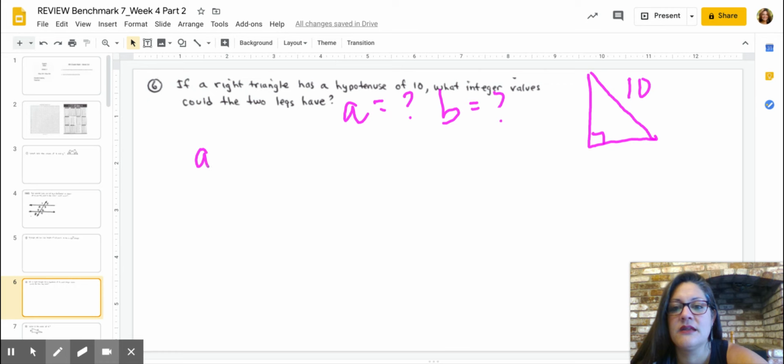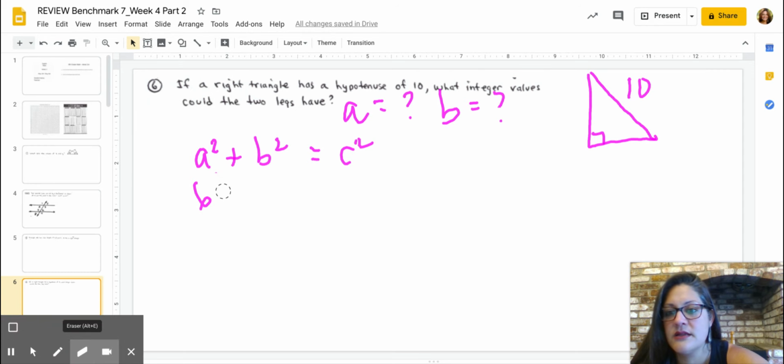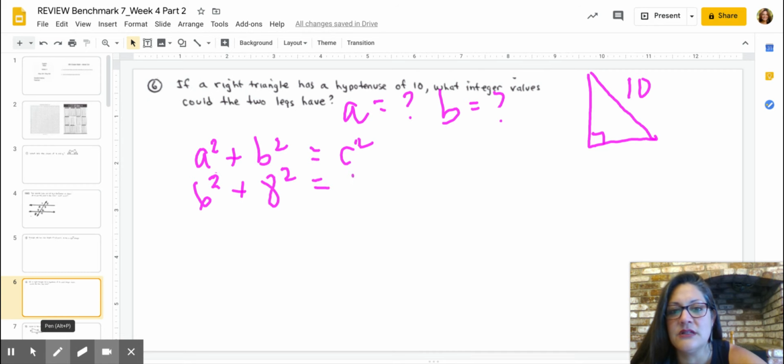Pythagorean, a squared plus b squared equals c squared. So I said, let's give 6. Oh, that's a squared. Plus 8 squared. Does that equal 10 squared? And yes, it sure does. 6 squared is 36 plus 64.